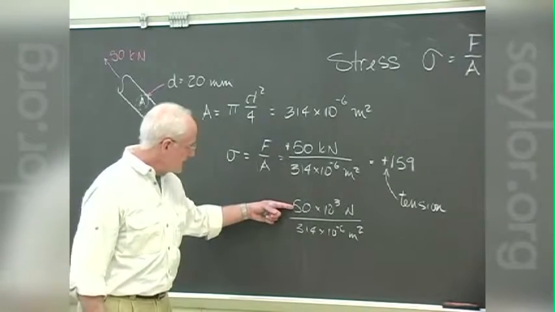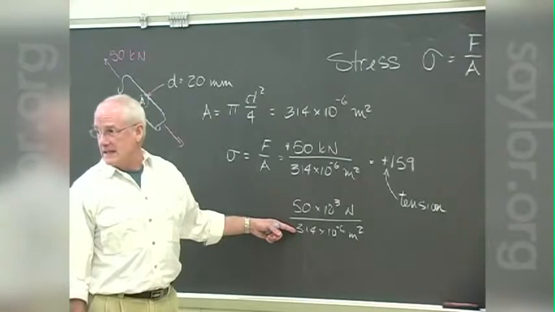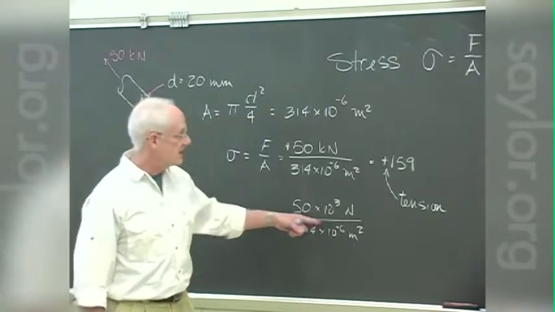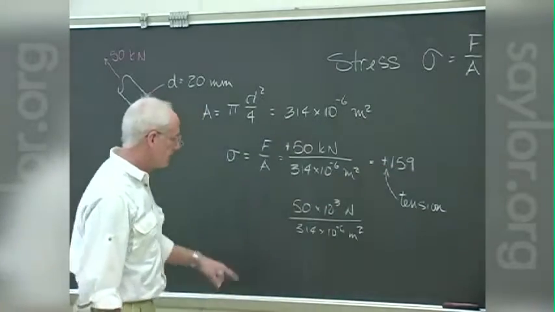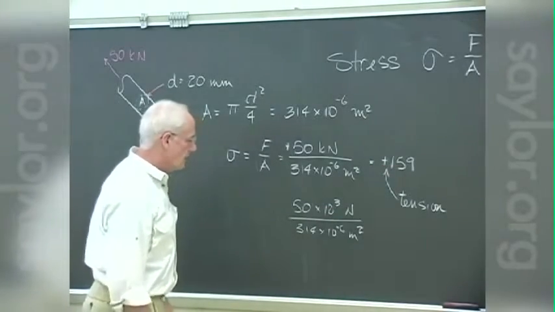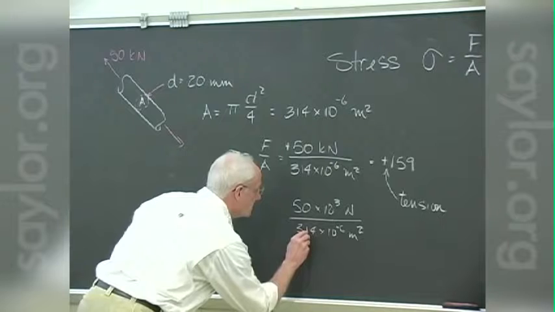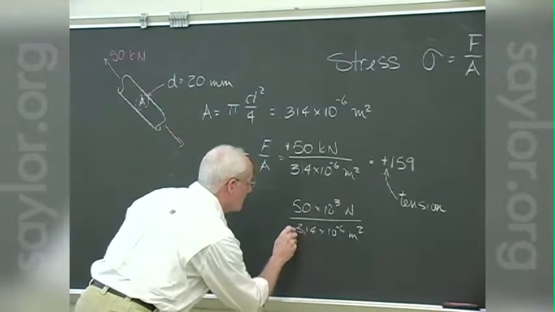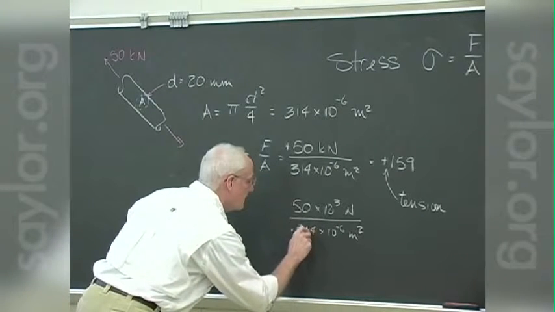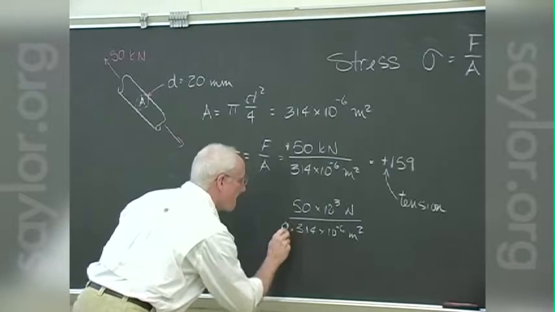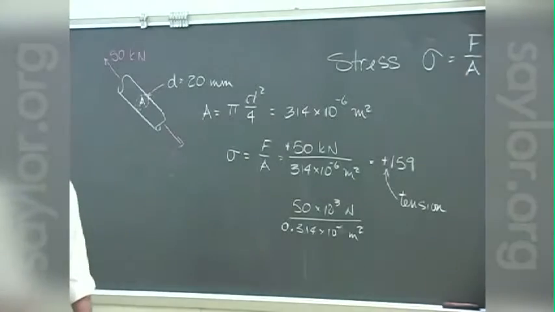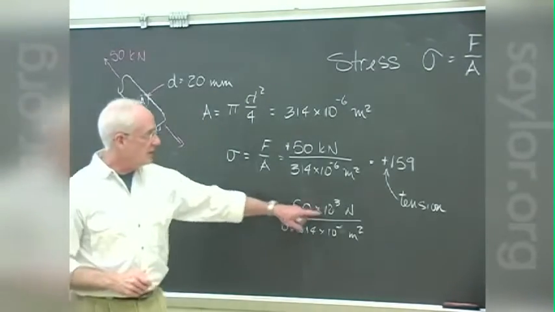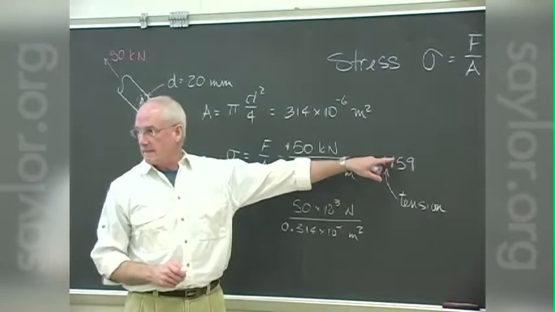So the 50 over the 314 doesn't quite give us that. 50 over 0.3 will give us the 159, is that right?